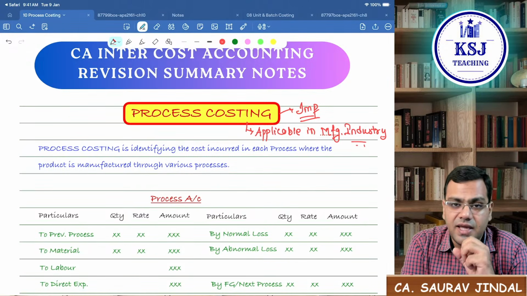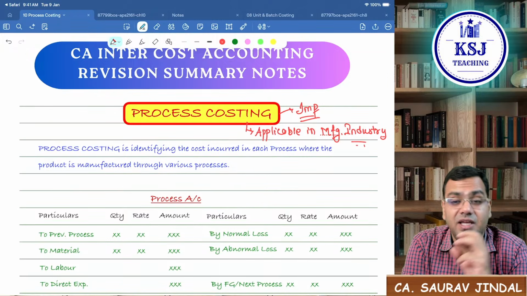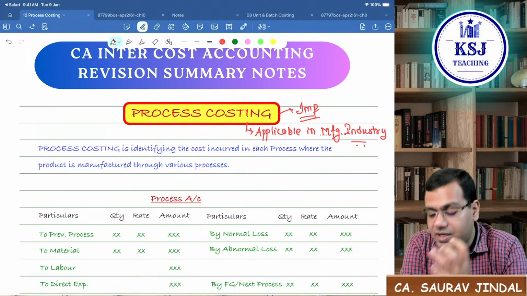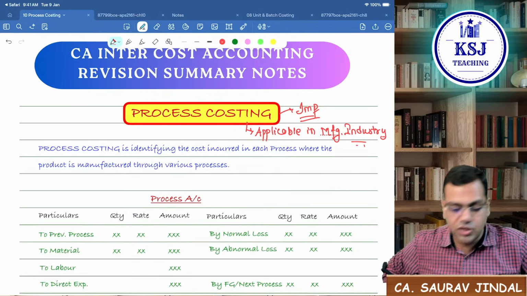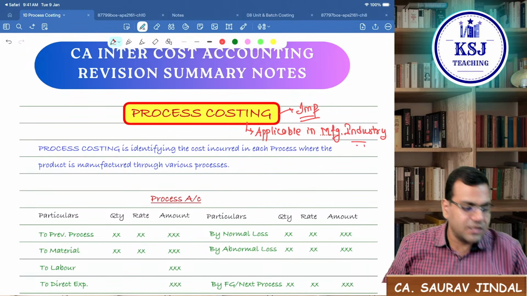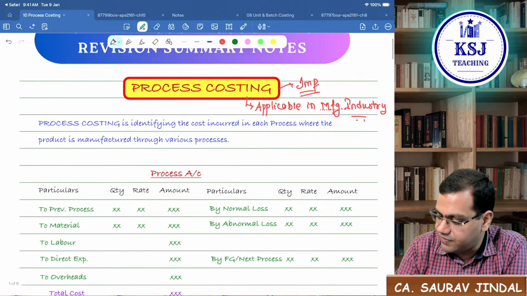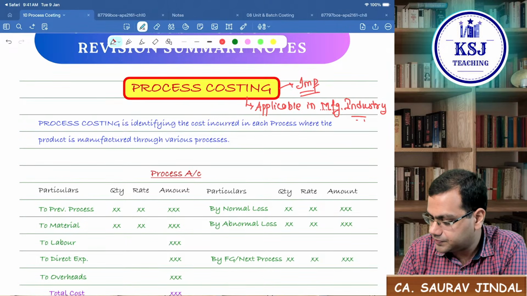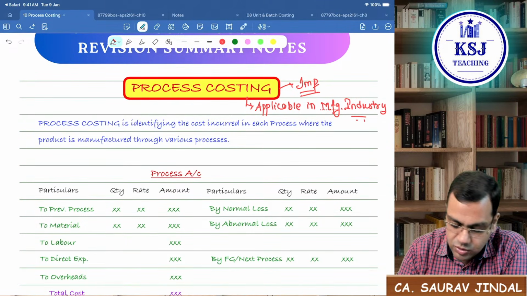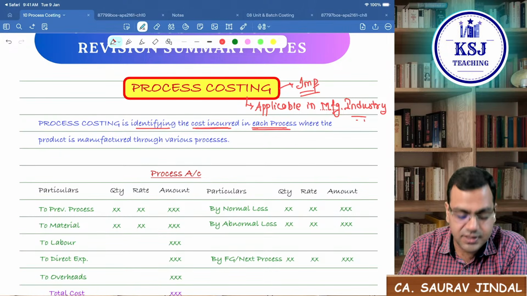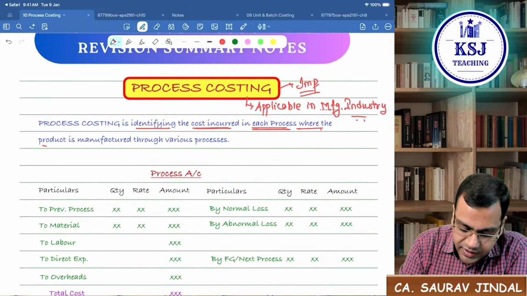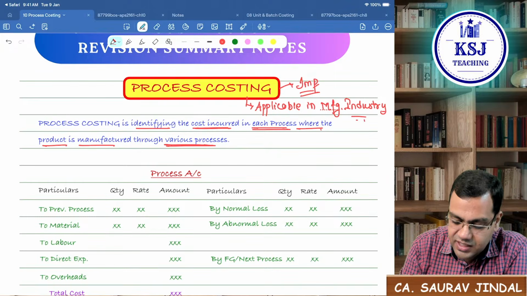Then a pressing department, then a finishing and packing department. So this product is passing through various processes. Process costing is identifying the cost incurred in each process where the product is manufactured through the various processes.